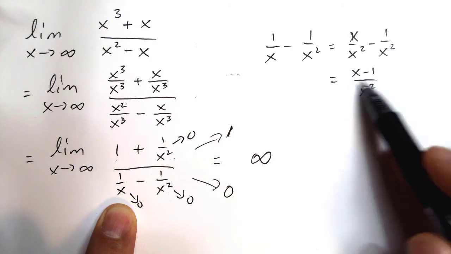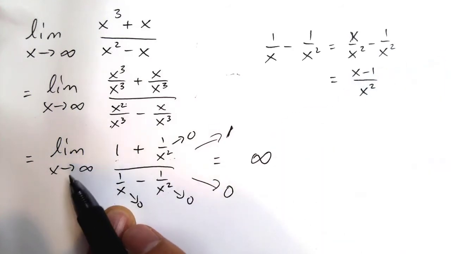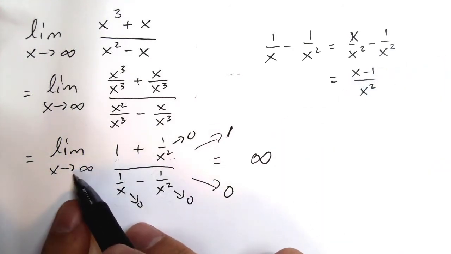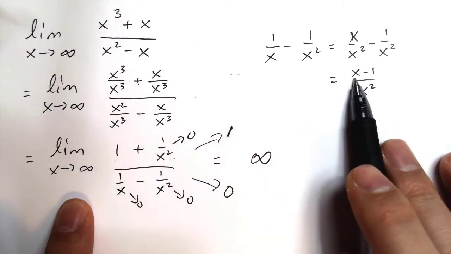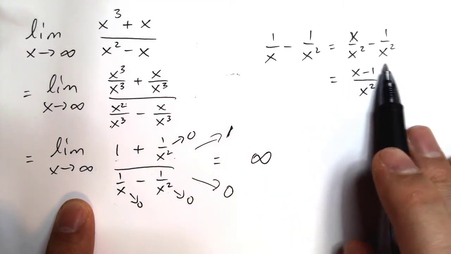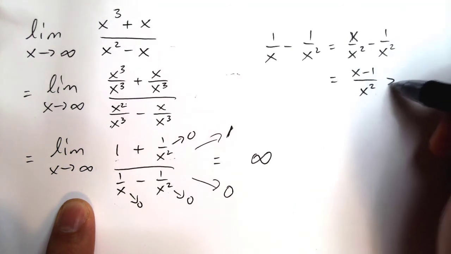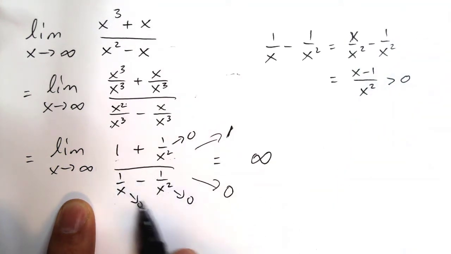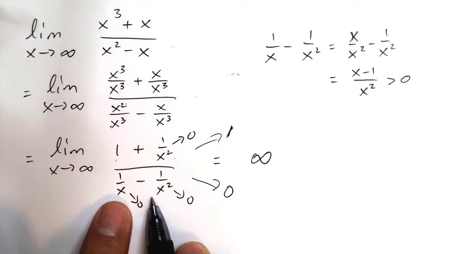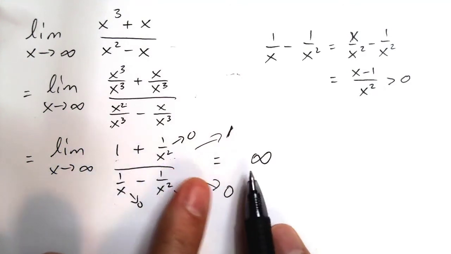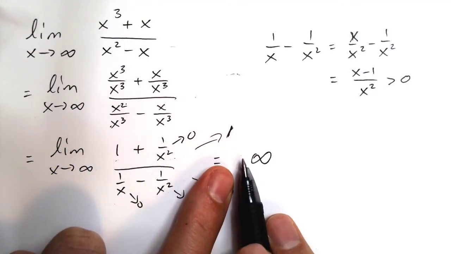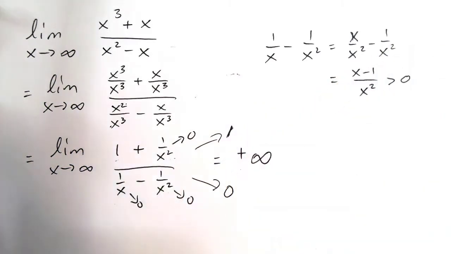But if it's bigger than 1, it's not, right? And x is going to infinity, so it will eventually be bigger than 1. So this is going to be positive for large values of x. And the denominator is positive because it's squared. So this is always positive. So that's what I was saying about the denominator. The denominator is always positive. Numerator is always positive. So if I had to choose between plus or minus infinity, I'm going to choose positive infinity here.